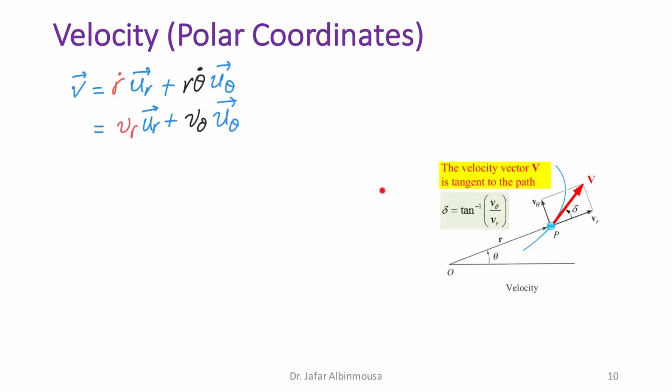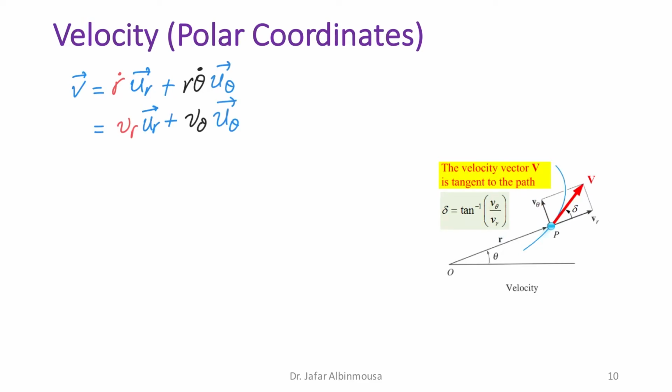If we look at the schematic on the right hand side, we can see that this is the radial direction and this is the direction of the radial velocity, and perpendicular to it we have the transverse direction, where the transverse component of the velocity is.